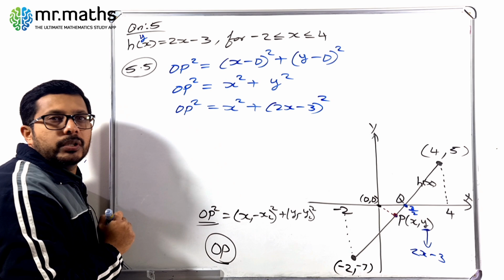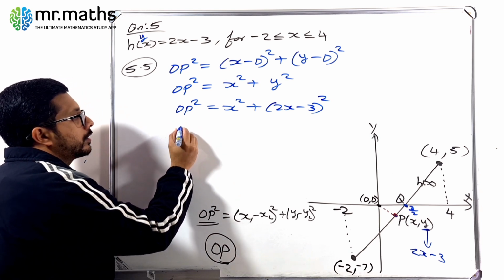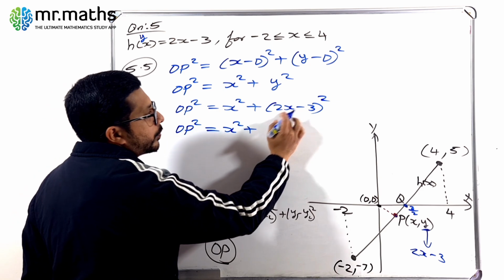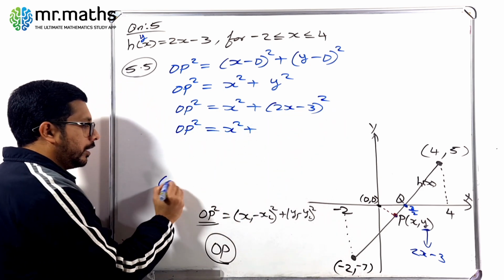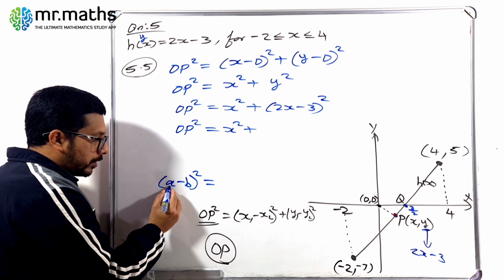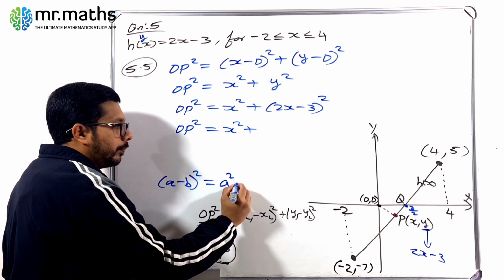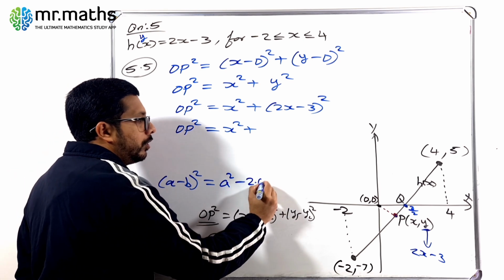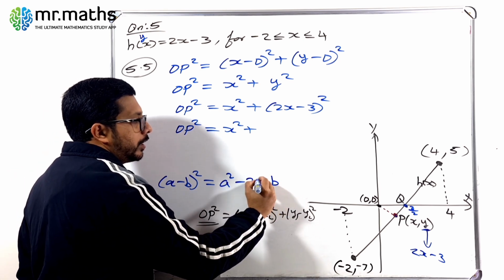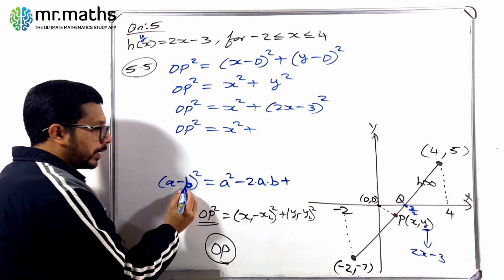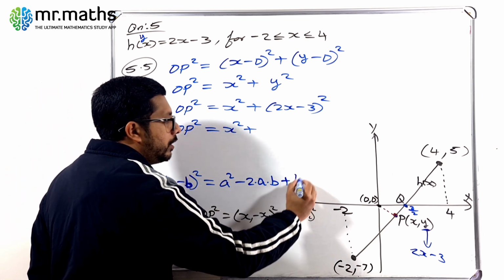Now we can expand that and simplify. OP square is equal to x square plus, expanding (a minus b) the whole square: first term square, a square, minus 2 into first term into second term, plus second term square, b square.